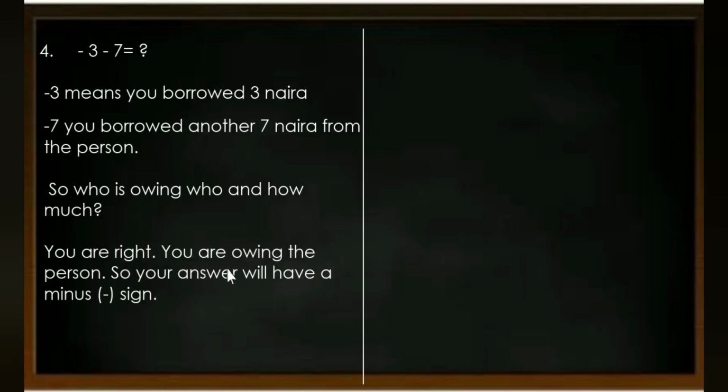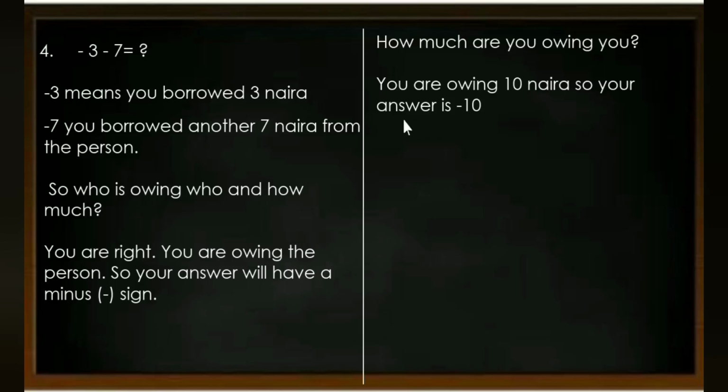You are right. You are owing the person. So your answer will have a minus sign in front of it. Because why? You are owing. So how much are you owing? You are owing 10 naira, so your answer is minus 10. Therefore, minus 3 minus 7 equals minus 10.